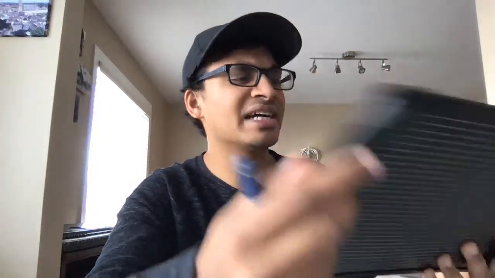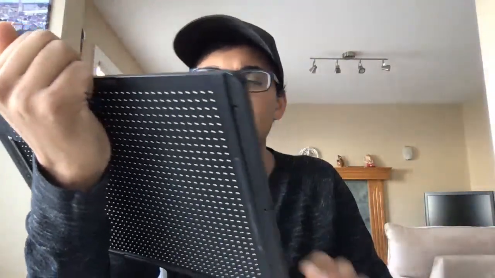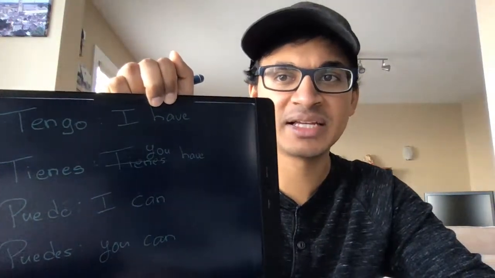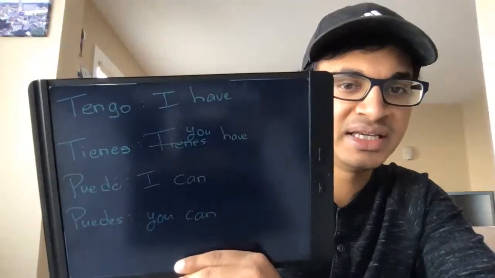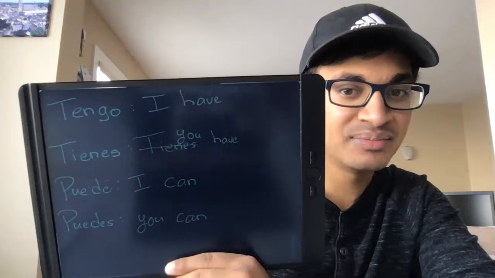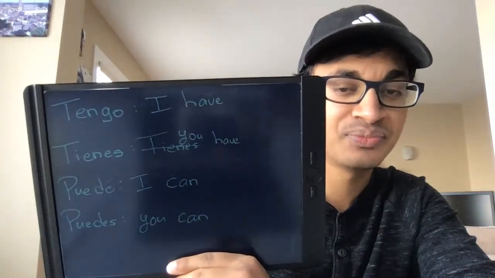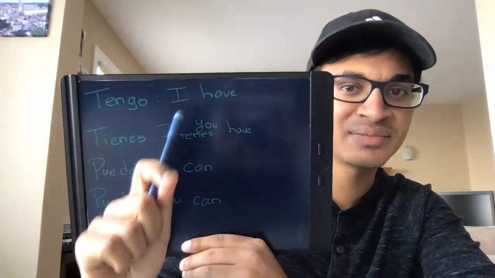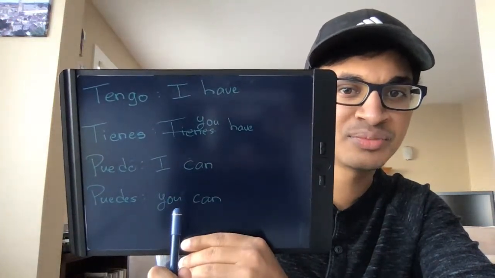Puedes, whatever. Okay. Now, one thing I want to point out is we'll come back to it a couple of times, but I want to give an introduction to it now. Notice in Spanish, it is super common to omit and not say pronouns. A pronoun is basically like these I's here, like I is a pronoun, you is a pronoun, right?